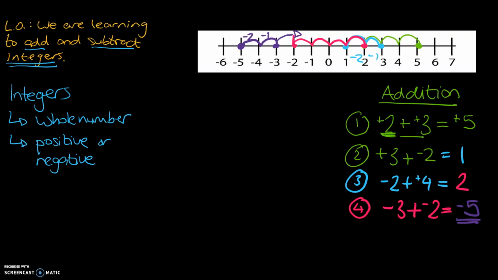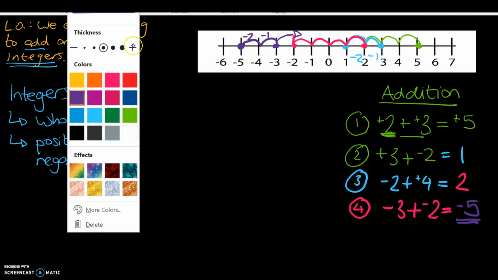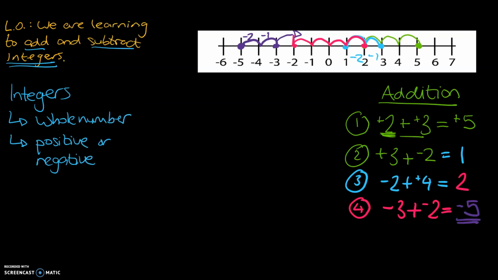So that's addition. There's a couple key points we need to get out of this. When you're adding a positive, you are going to be increasing, or that just becomes a positive.